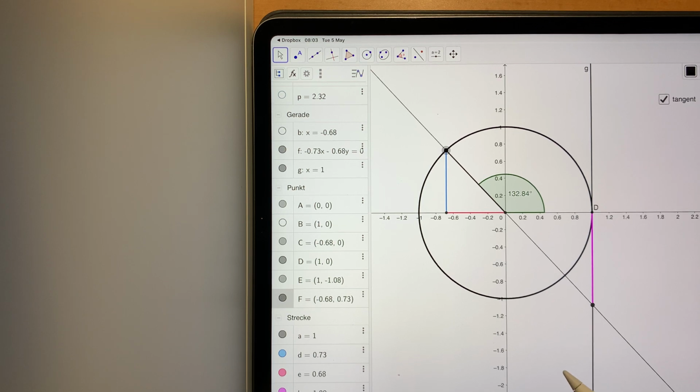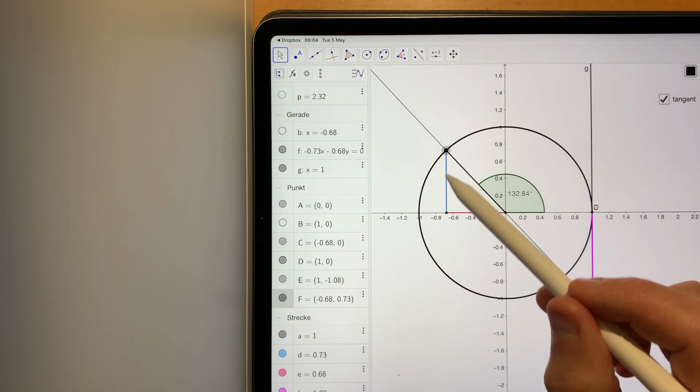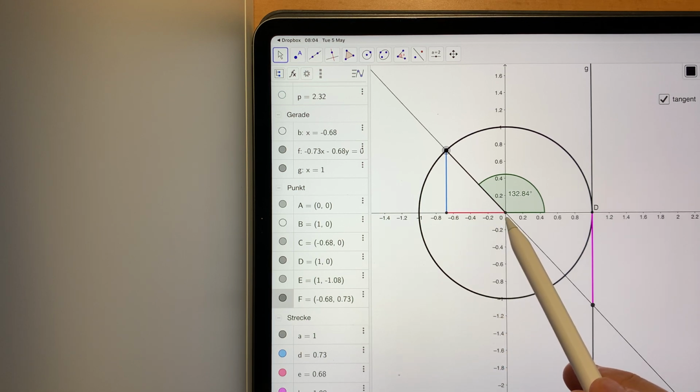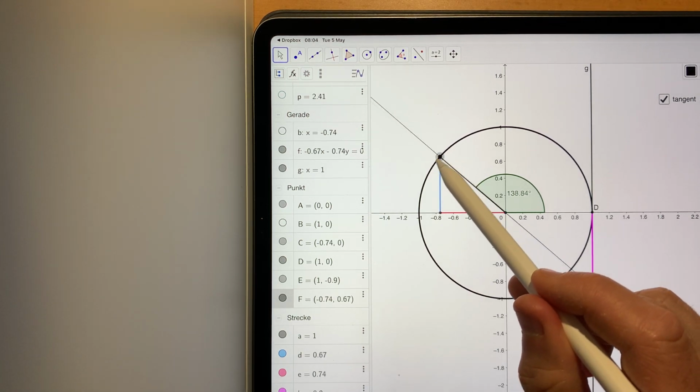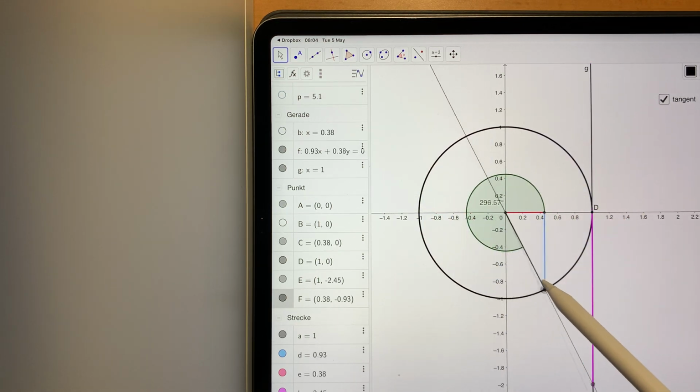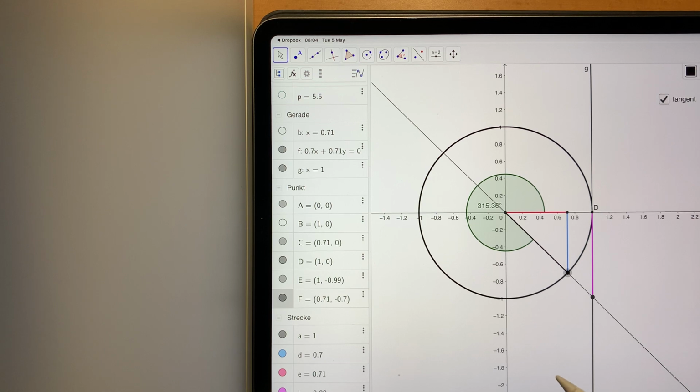So it's important to note that the blue line segment is your sine, the red line segment is your cosine, and the pinkish line segment will be your tangent. And you can find these values for any angle. So you could even do, let's say, 735 degrees.